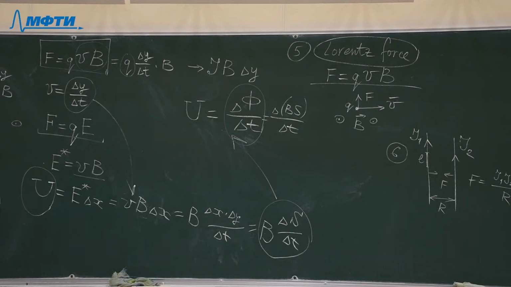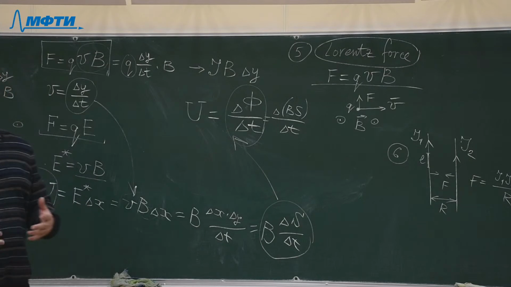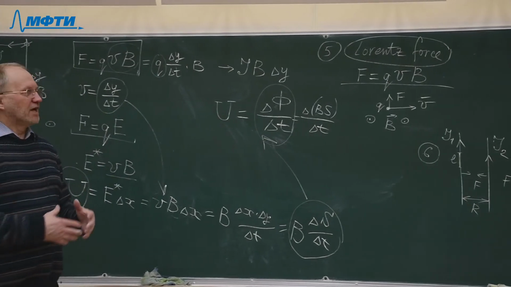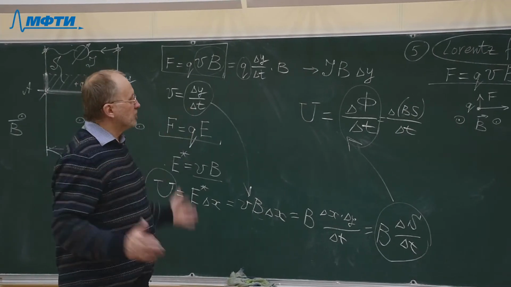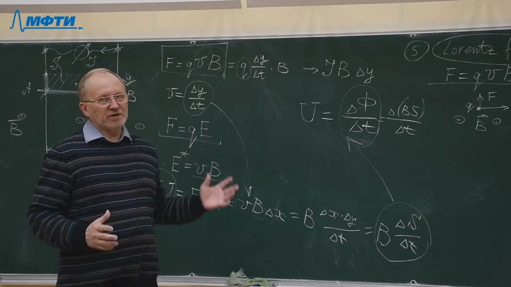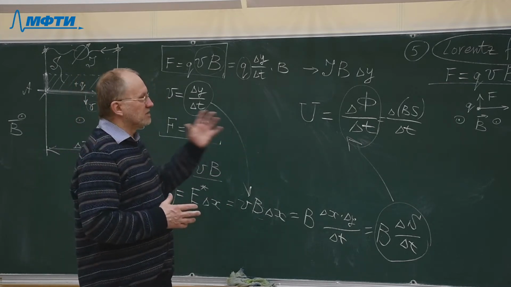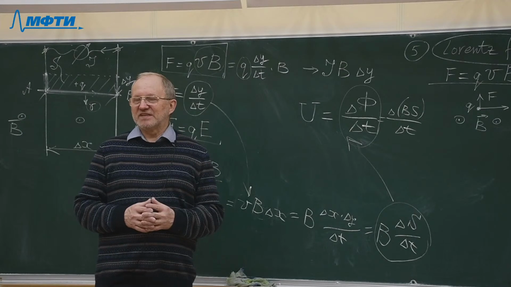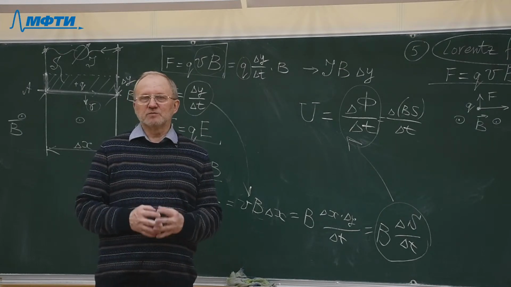And that was the way electromagnetism was developing historically. People started from experiments and described experimental results with formulas, and then they generalized these formulas into some theory. But there is a natural question: can all these magnetic phenomena be somehow obtained from simple theoretical principles?